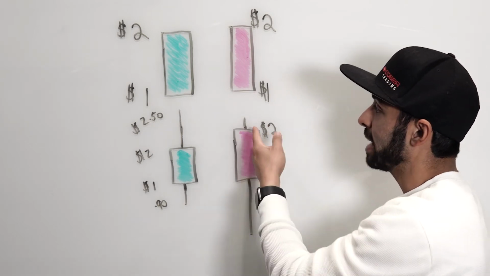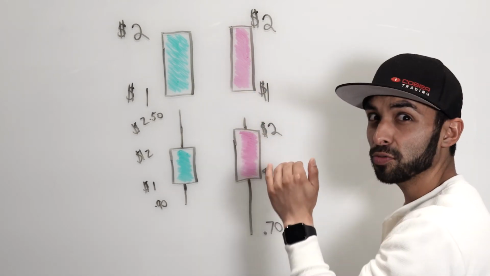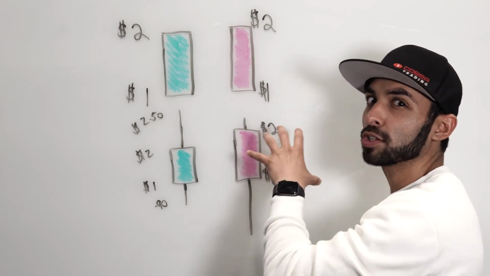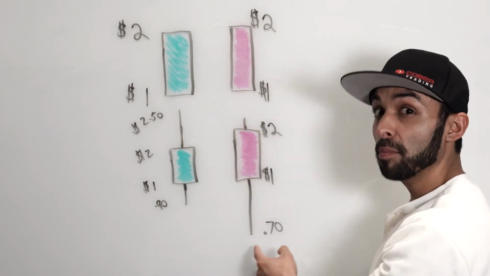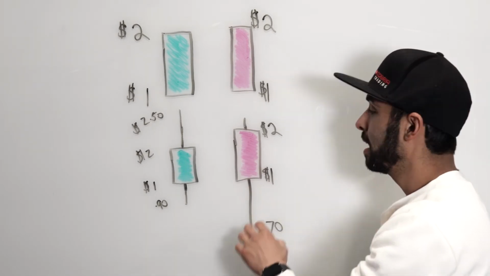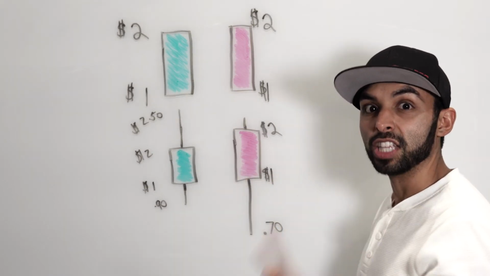This shows us that at some point it peaked. After it opened at $2, it actually popped just for a quick second, barely above $2, just a little bit above $2. We'll call it 205. And then it dropped at some point lower than it closed to 70 cents. But it actually closed and ended on that candle at $1.